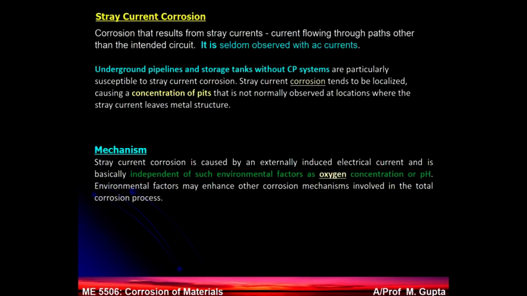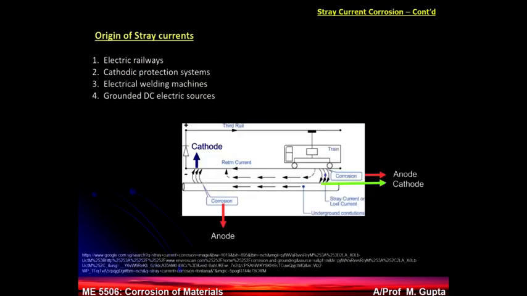Now, in this mechanism, they are not much affected by oxygen or other things. They are mostly affected by the stray current. So how does it work? I've tried to slightly rearrange these slides, so what you will be seeing in your lecture notes is slightly different, but the information is still the same.